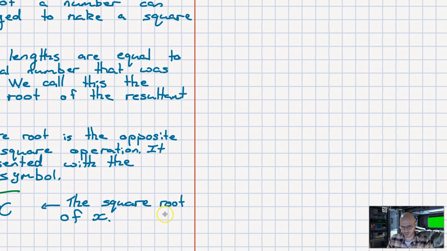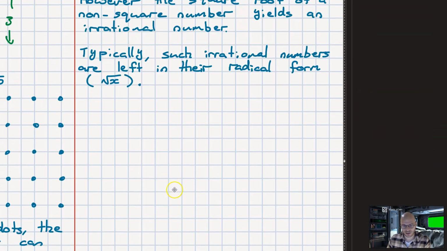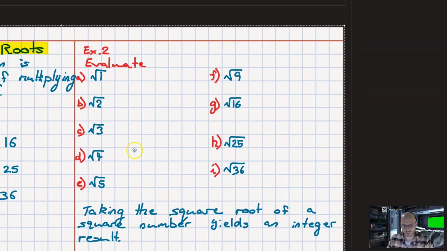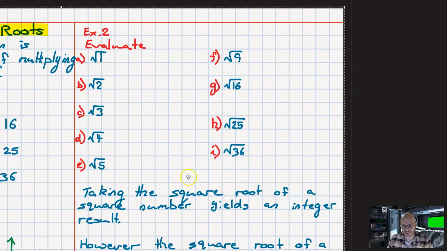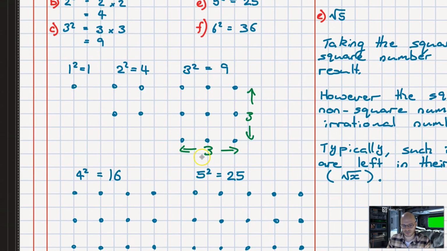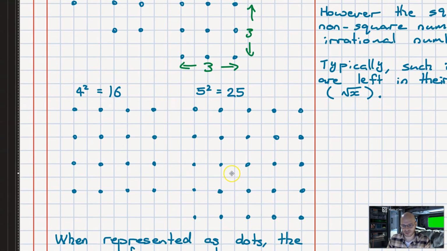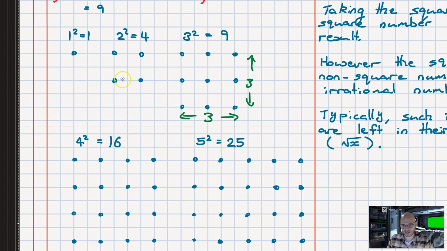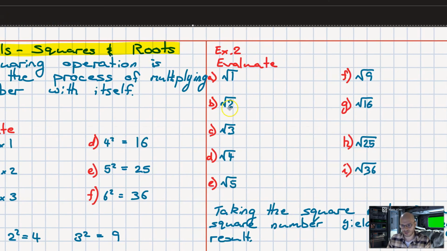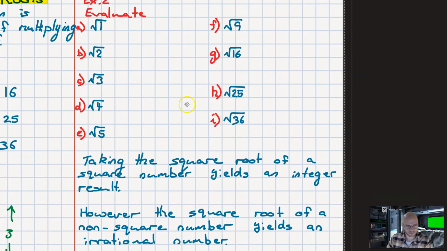Now moving across, we're going to have a look at some calculations. So suppose we have root 1, root 2, root 3, and we want to calculate all of these. Looking at these, if we represent our numbers as dots, it's a nice simple operation to go backwards from. So for the square root of 1, we know that's going to be equal to 1 because 1 times 1 is simply 1.